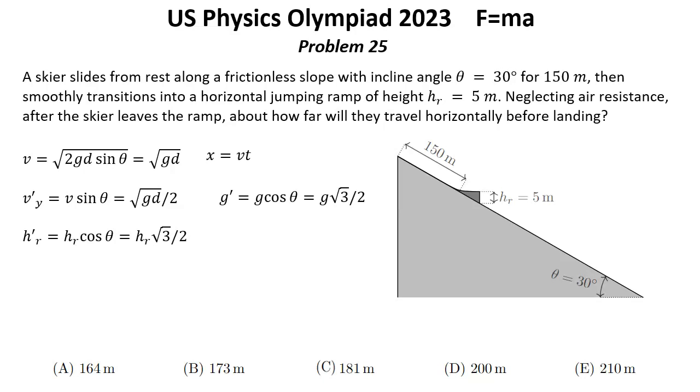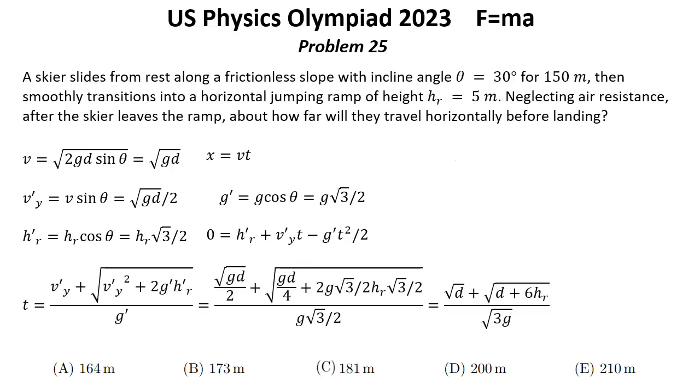Now we have to solve a quadratic equation as usual. So we have final height equals 0, and that equals initial height plus initial vertical speed multiplied by time minus downward acceleration multiplied by t squared over 2. And the time will be the positive root of this quadratic equation, which is this one.